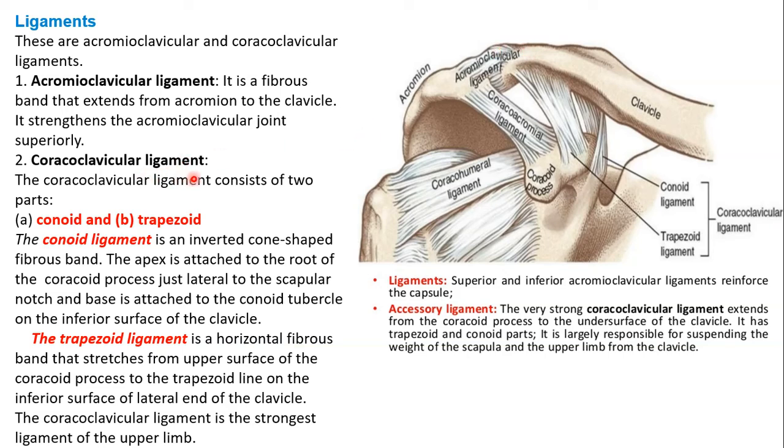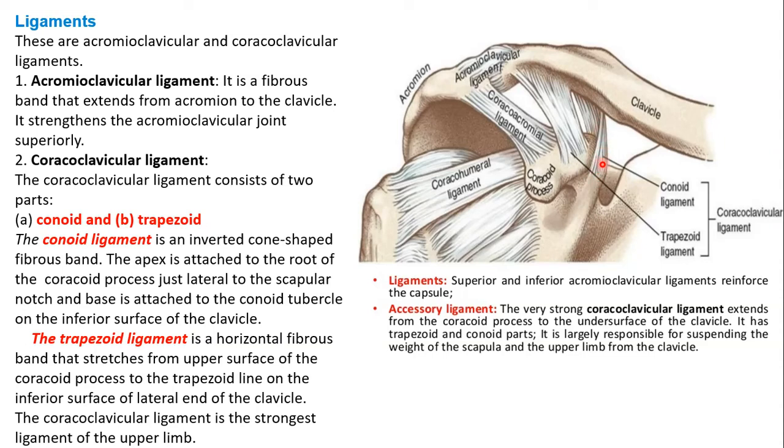Now the coracoclavicular ligament, it is very important. It consists of two parts, the conoid ligament and the trapezoid ligament. The conoid ligament, you can see this is inverted, थोड़ा अंदर की तरफ मुड़ रहा है, cone shape.